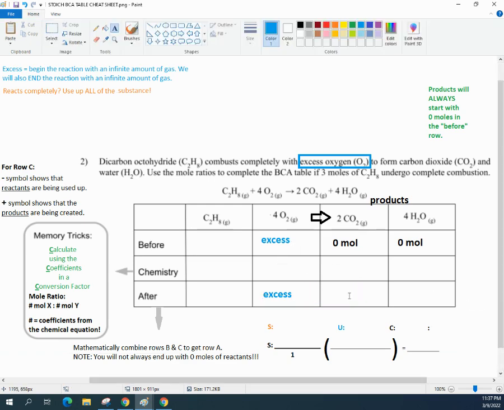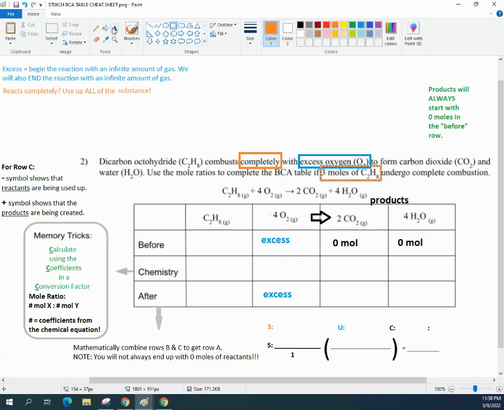All right, so now we're going to figure out this first one. It says here that it's going to combust completely. When we see this word completely, we can assume that we are going to be using all of that substance. Remember, reacts completely, that means we're using all of it. And how much are we starting with? We are starting with 3 moles.